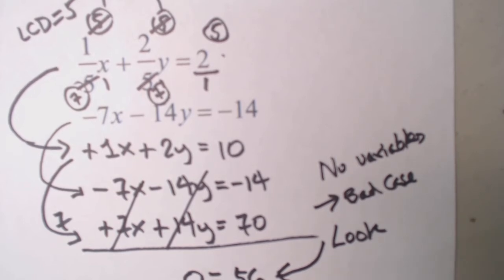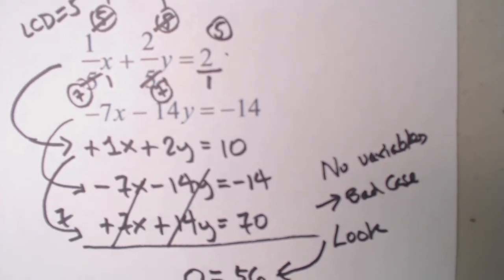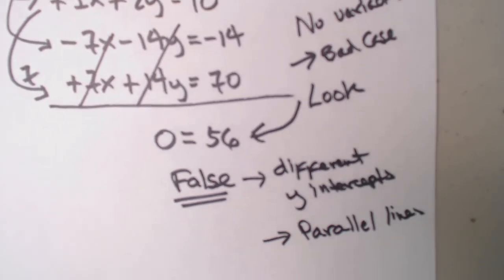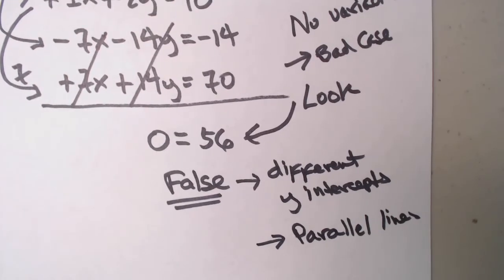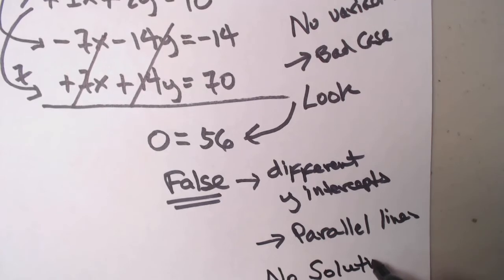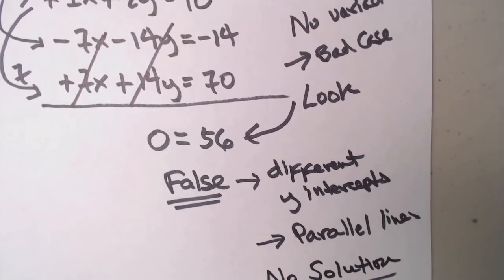Now, it doesn't tell us what the intercepts are. You'd have to solve the equations to get that. But different y-intercepts. So what's the bad case with different y-intercepts? Well, that's the parallel lines. And what's the official answer when you've got parallel lines? Well, the official answer is no solution because they don't cross. So there you go. Parallel lines, no solution.